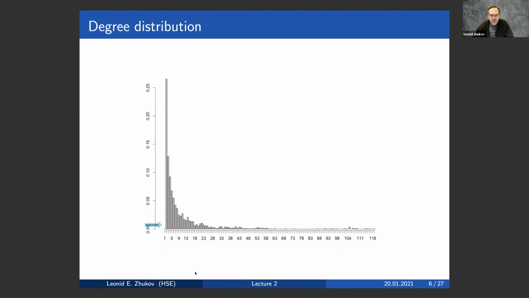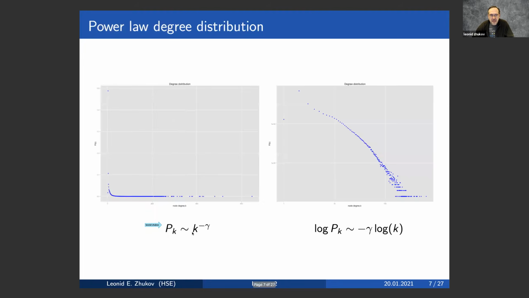Now, keep looking at this type of distribution. Going for an even larger network, you realize that you can only see the very steep drop, and you will not see anything else. It's a sort of elbow bend here on the left-hand side, and you don't see anything.